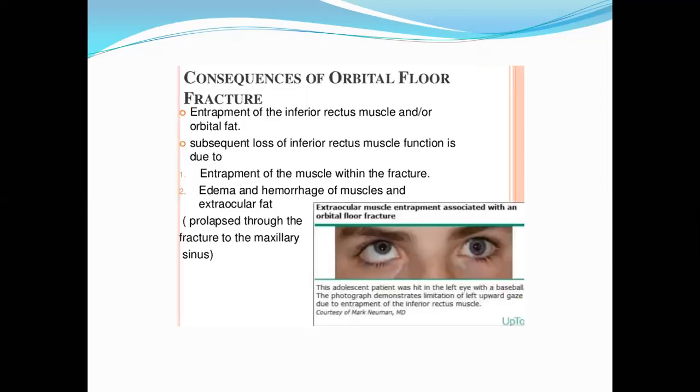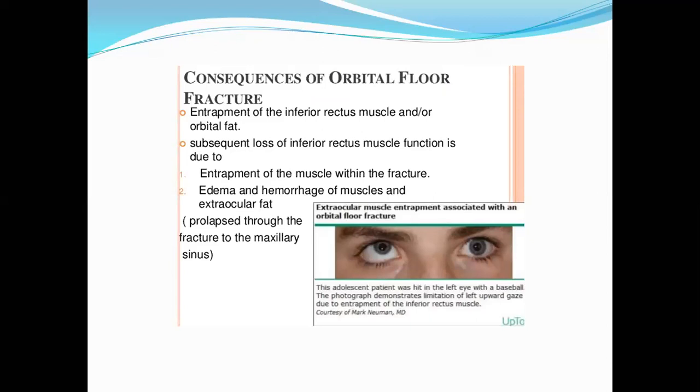Consequences of the orbital floor fracture. Entrapment of the inferior rectus or orbital fat occurs, and loss of inferior rectus muscle function is due to entrapment of the muscle within the fracture, edema and hemorrhage of the muscle and extraocular fat, perhaps due to fracture into the maxillary sinus.